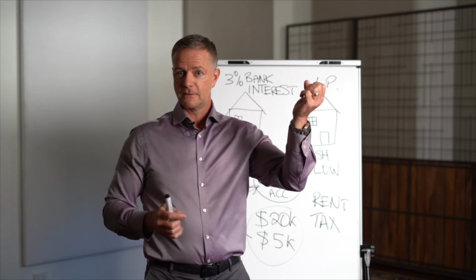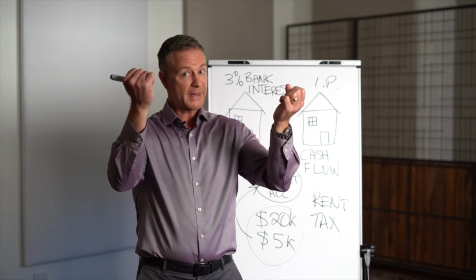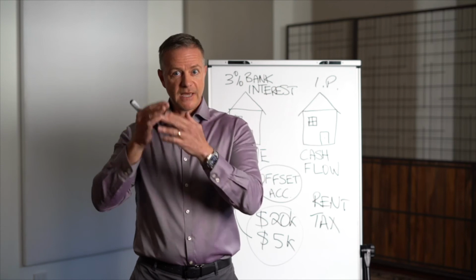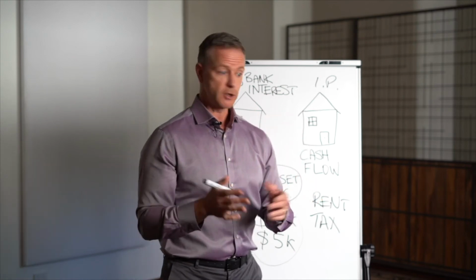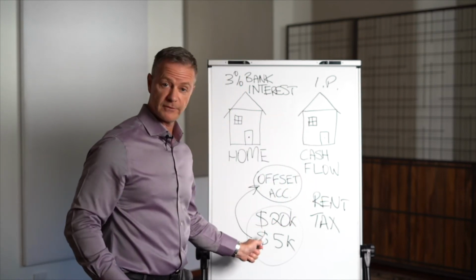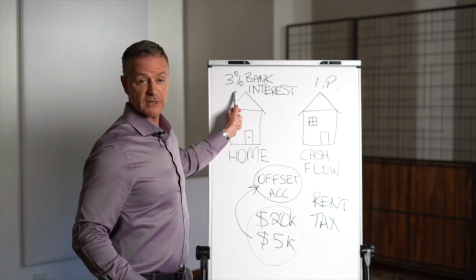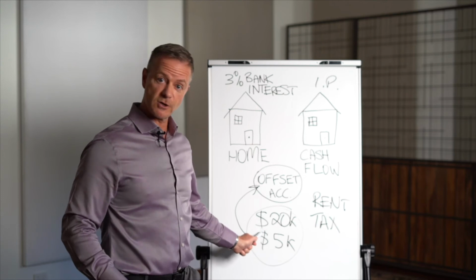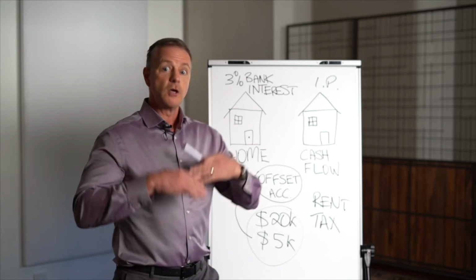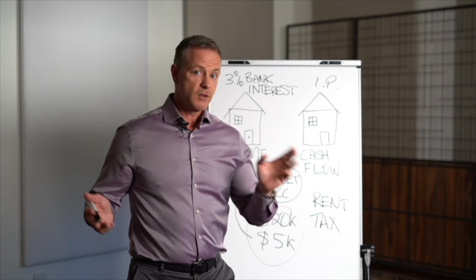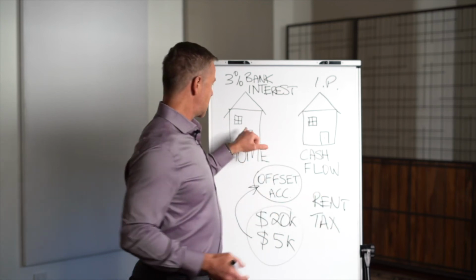More money reduces the principal debt balance, less interest charged. So if you're saving on interest, you're earning interest on every dollar. So not only are you bringing in $25,000, every time you're putting it in your offset facility, you're earning 3%. If that's what your mortgage is at, you're earning 3% on top of that as well. So compound that over 5, 10, 15 years.